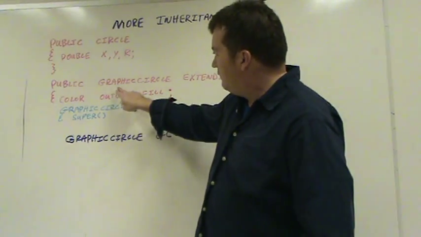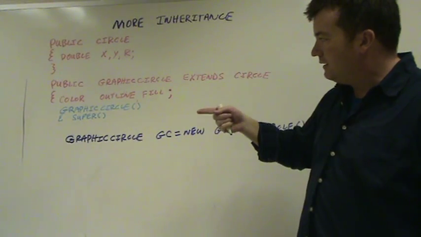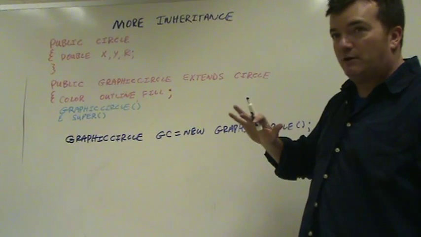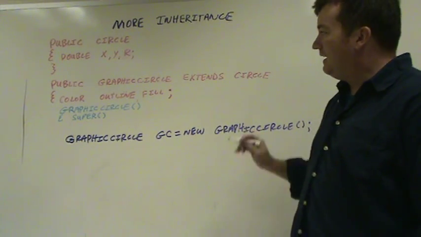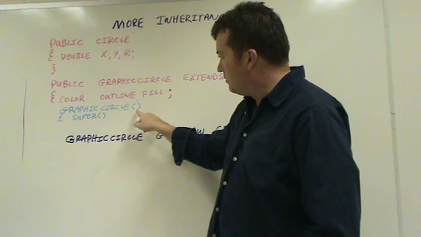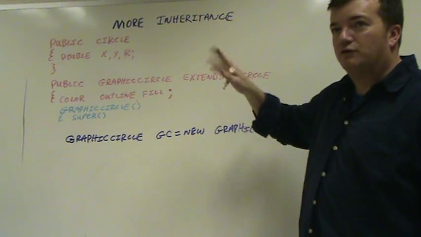For graphic circle, which extends circle, if you don't supply a constructor, the compiler will generate one for you automatically. And it is exactly as if you wrote this. The constructor takes in no parameters, the first step is to call the superclass's constructor with no parameters.